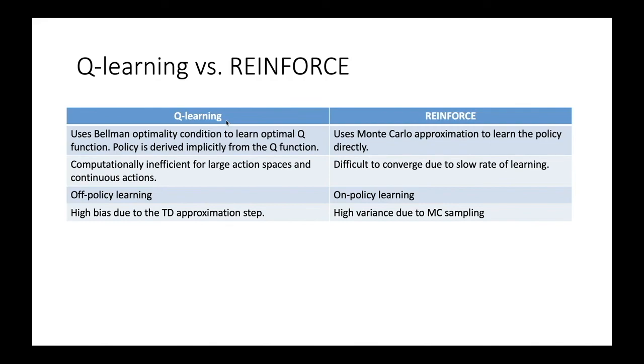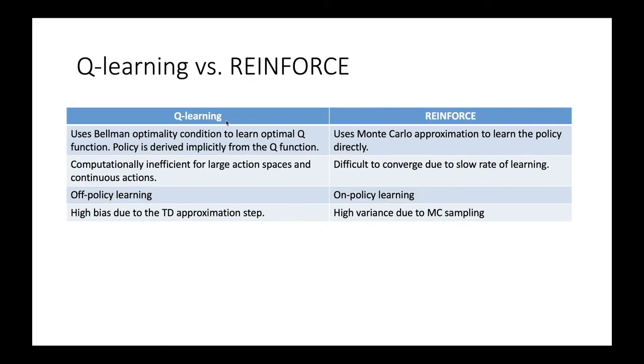So that means it cannot make use of data that has been collected by other policies to learn the policy function. Q-learning has a high bias because of the approximation step involved, where we are learning the value function with respect to a noisy target, and we are continuously refining the target, so it leads to a high bias in the estimates.